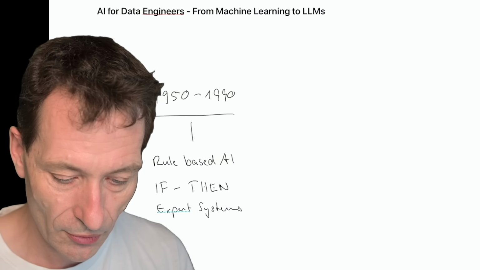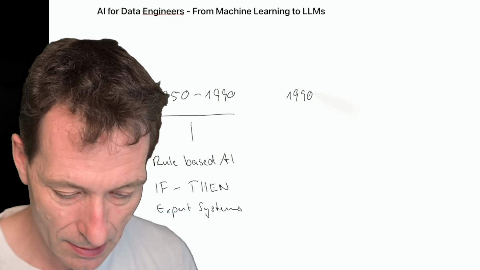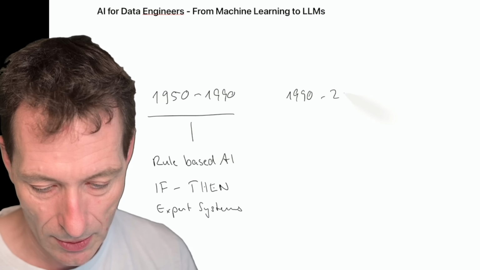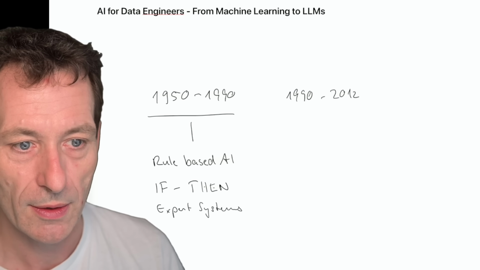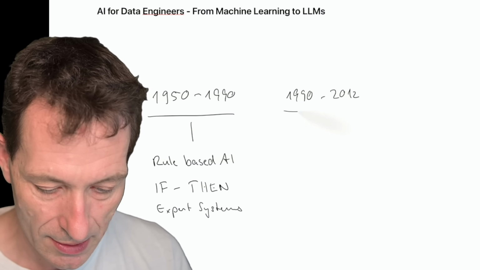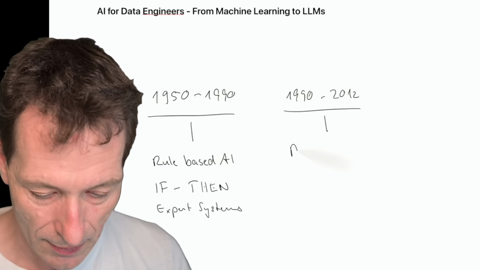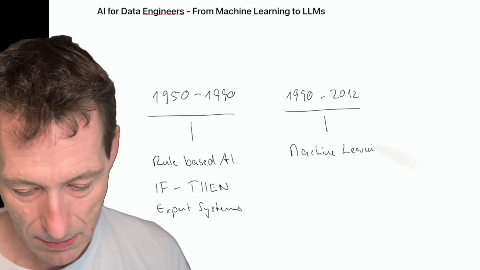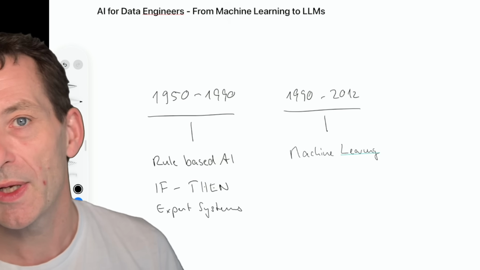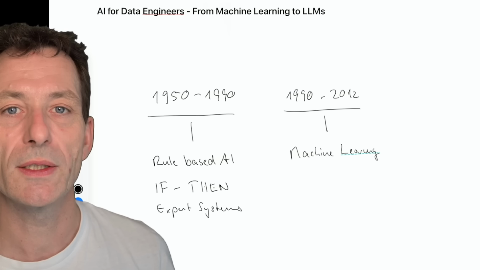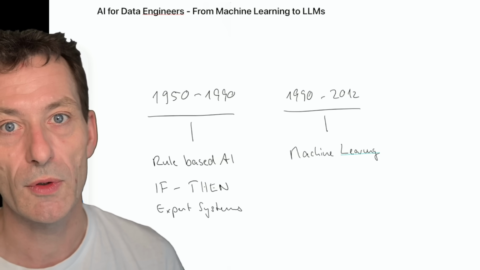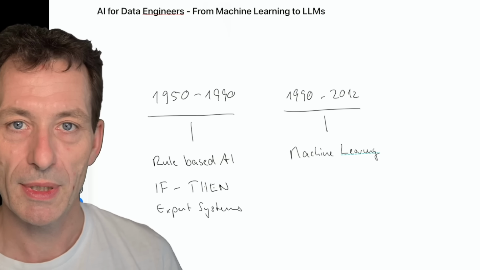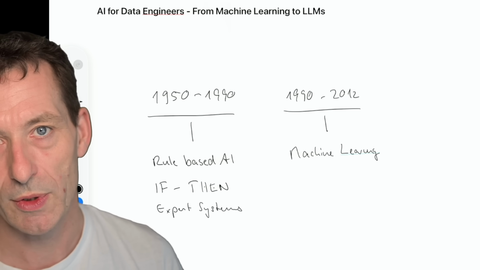Then roughly from the 1990s up to 2012, around that, machine learning started to grow. So this is the era of machine learning. So the idea was, hey, we can give some facts to the computer, and the computer can learn by itself how this works out, right?